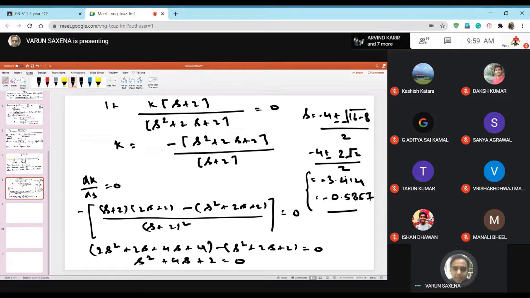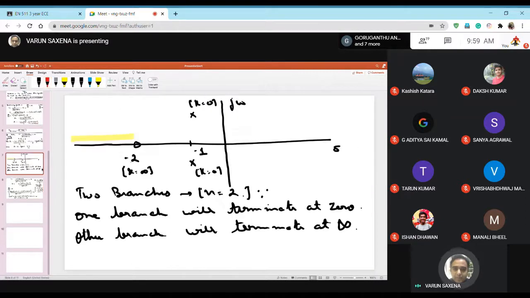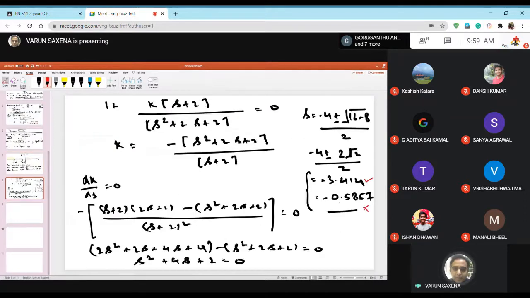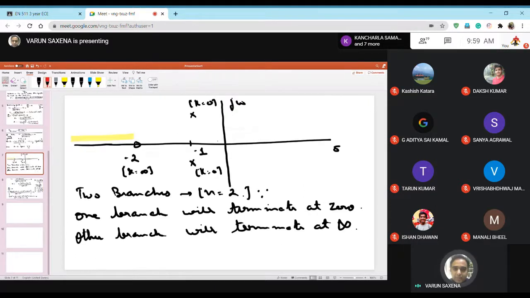It is this value. This is the value that satisfies, and this is the value that does not satisfy. Because if you look at it, minus 0.5857 lies somewhere here, so obviously that is not a part of the root locus.